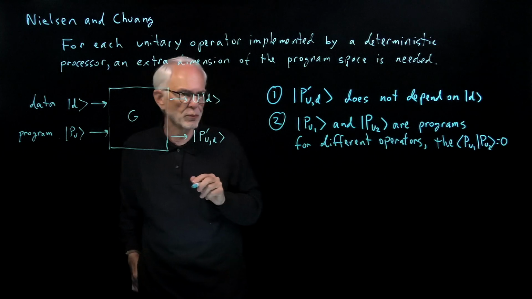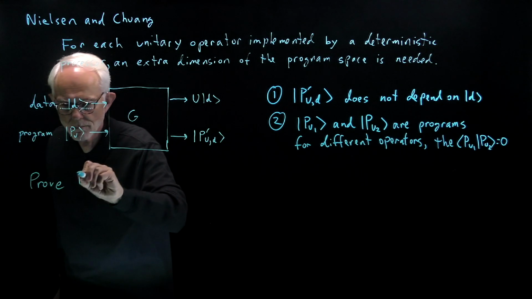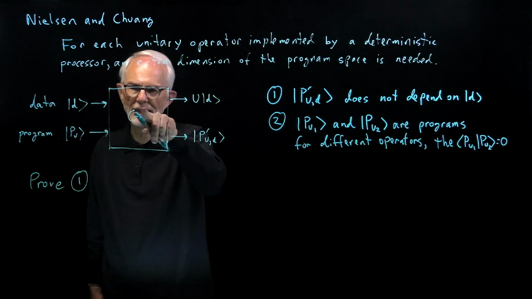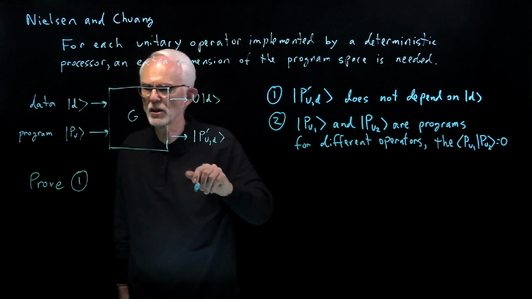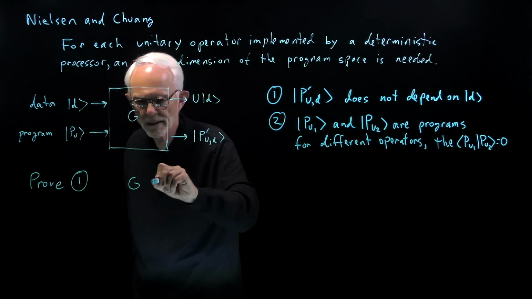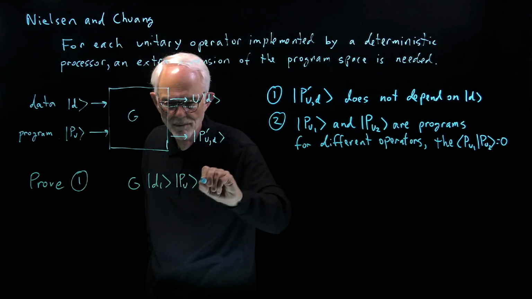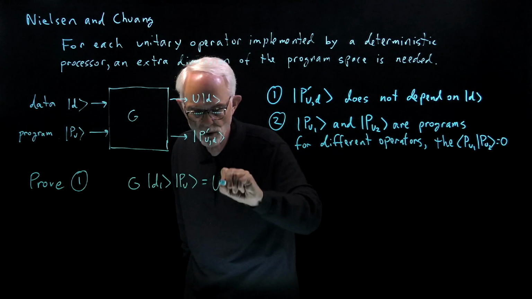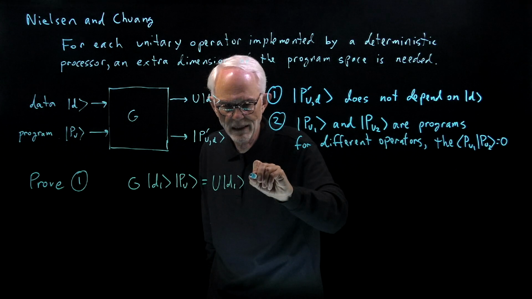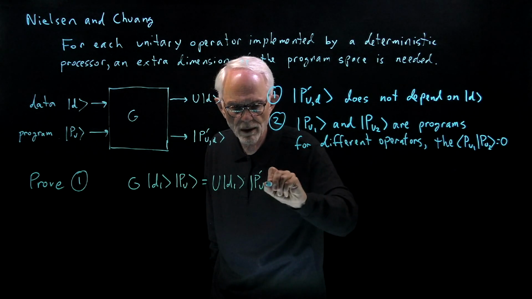Now let's go ahead and prove number 1. I'm going to write down what happens to two different data states, but the same operation. So I would have G acting on D1 P_U is equal to U acting on D1, and then P prime U D1.